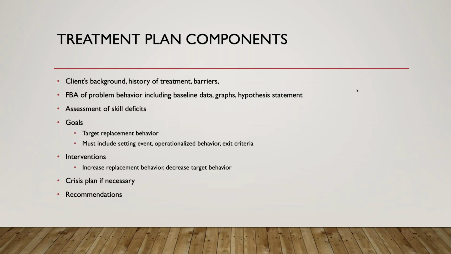And then the BCBA will go out. Typically, and Maria and Melanie, feel free to step in if you do things differently, but generally, our first actual FBA observation is going to be mostly just meeting the client and doing an informal interview of some kind.